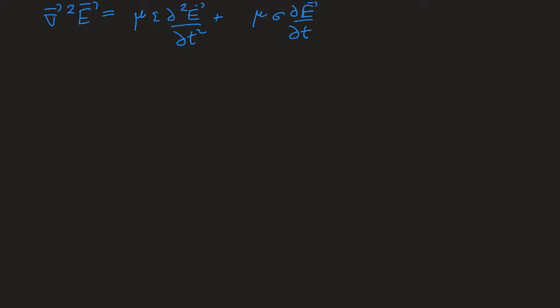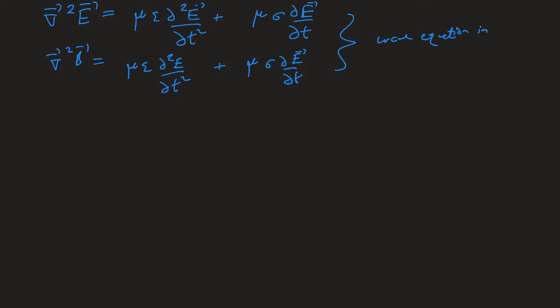And we had a corresponding wave equation for B, which was that del squared B equals mu epsilon del 2B by del t squared plus mu sigma times partial B by partial t. These were our wave equations in conductors.